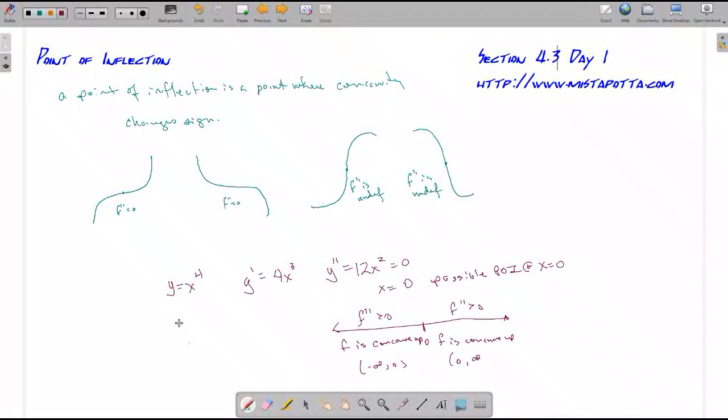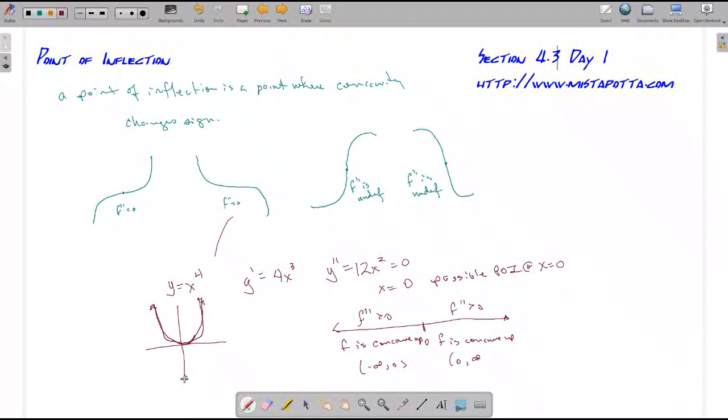And I know that the graph of x to the fourth, a quartic graph, looks a lot like a flattened out parabola. It's much flatter at its vertex than a parabola is. Much flatter. It's actually like this. But I'm always concave up.